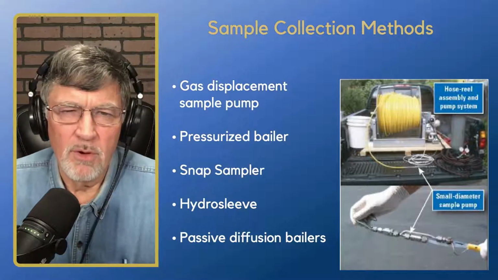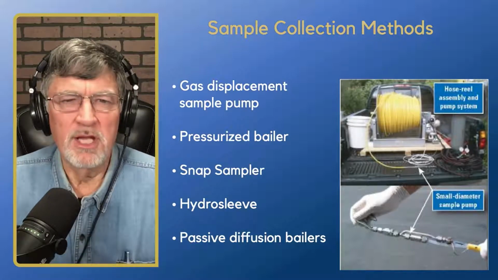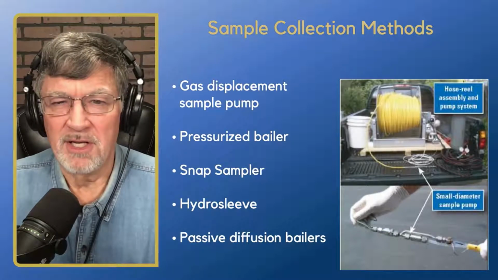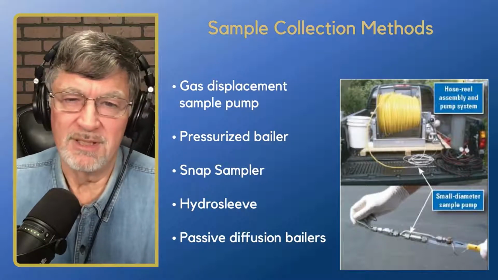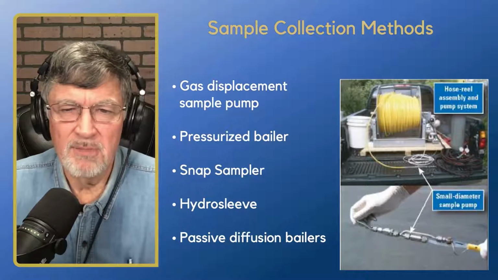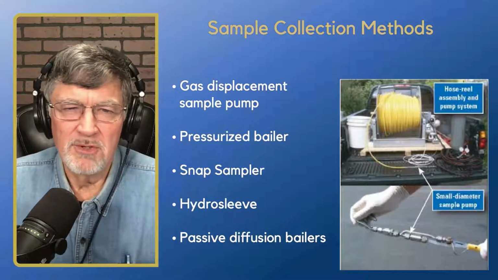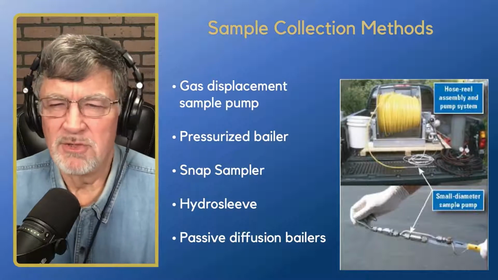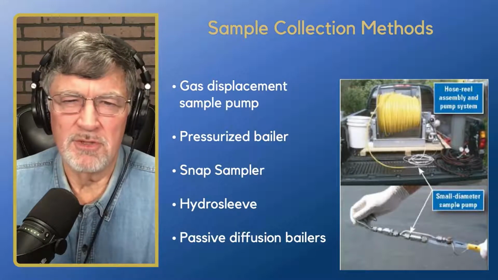If we're running a full suite of water quality parameters, you may not be able to get enough in a snap sampler. I know you won't. Hydrosleeve might be the same. Passive diffusion balers are mainly used for volatile organic compounds, so generally not too relevant to our situation.